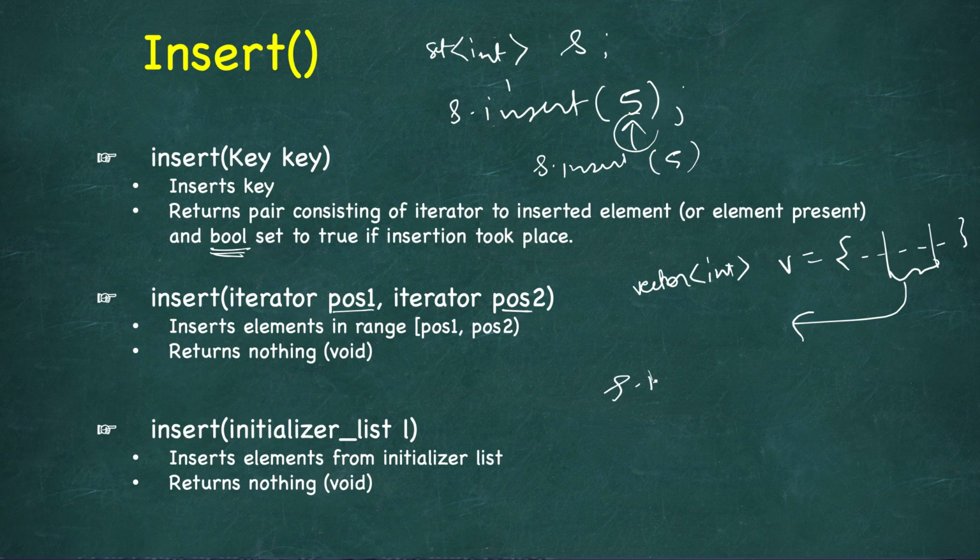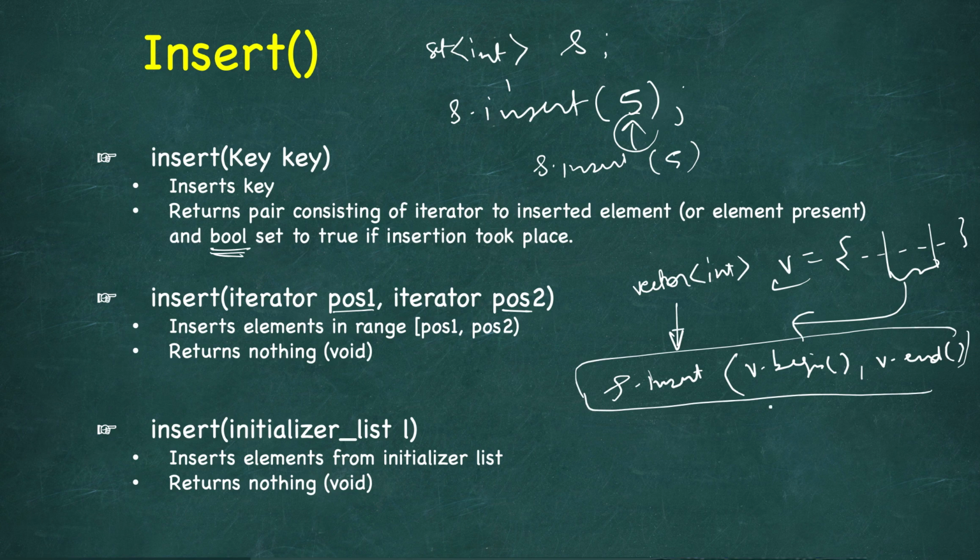So s.insert, let's say you want to insert everything, then v.begin, v.end, and it will insert all the elements. If they are duplicates, it will insert one of them, not all. And it can be used in some scenarios where you have a vector and you want to create a set out of that. So you can do it in one line. And it does not return anything.